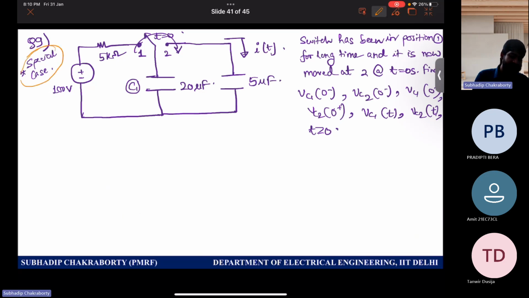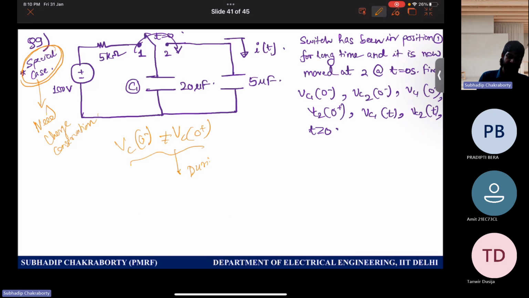Similarly, this is a special case where you need charge conservation. See, VC 0 minus need not always be equal to VC 0 plus. Why? During an impulsive forcing function. What is the situation of an impulsive forcing function?